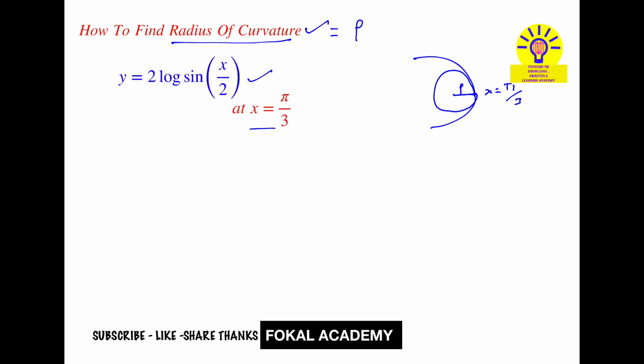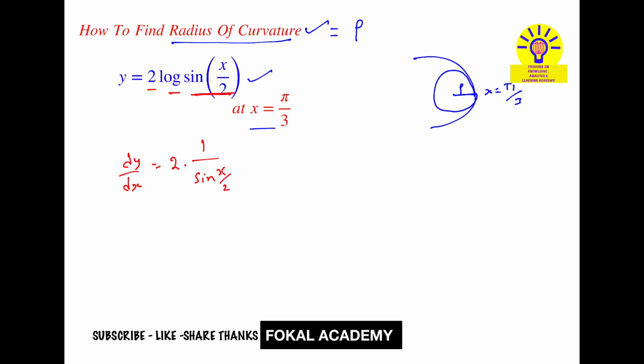At first step, differentiate this equation. So that is dy by dx. Here 2 is a constant, keep it aside. So 2 into log of f of x, whose derivative is 1 by f of x. That is 1 by sine of x by 2.